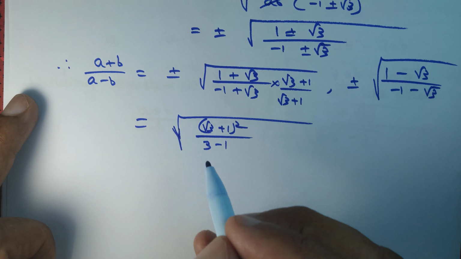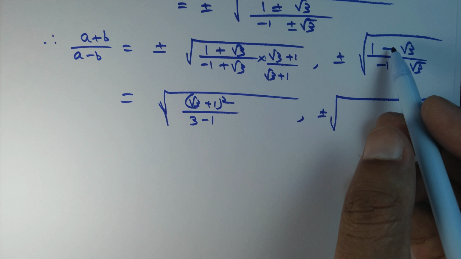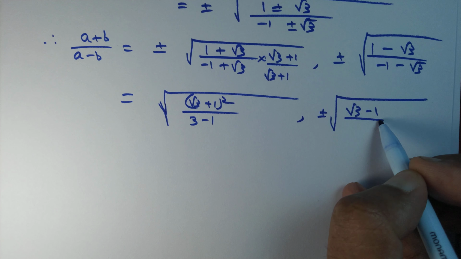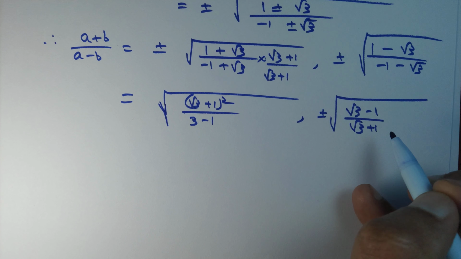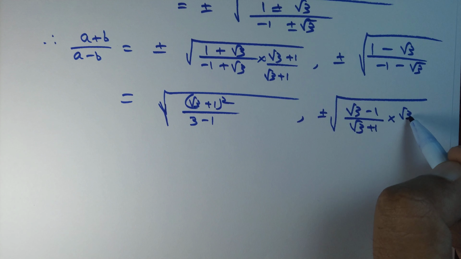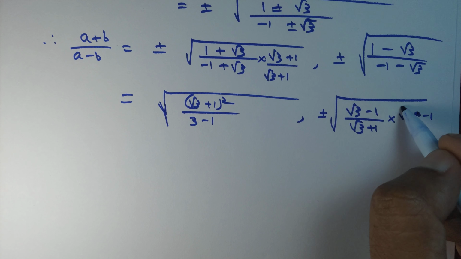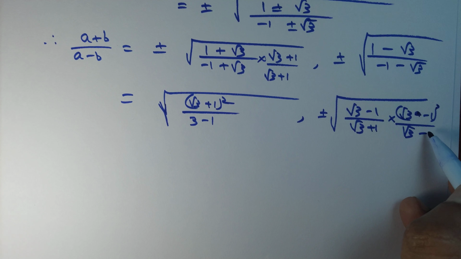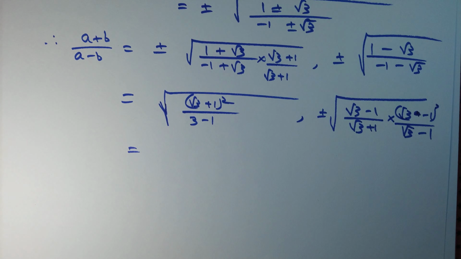Let's make this quantity a little bit simpler. We multiply numerator and denominator by minus 1 to get root 3 minus 1 divided by root 3 plus 1. Once again, we multiply numerator and denominator by root 3 minus 1. We are simply rationalizing it, of course, inside the square root.